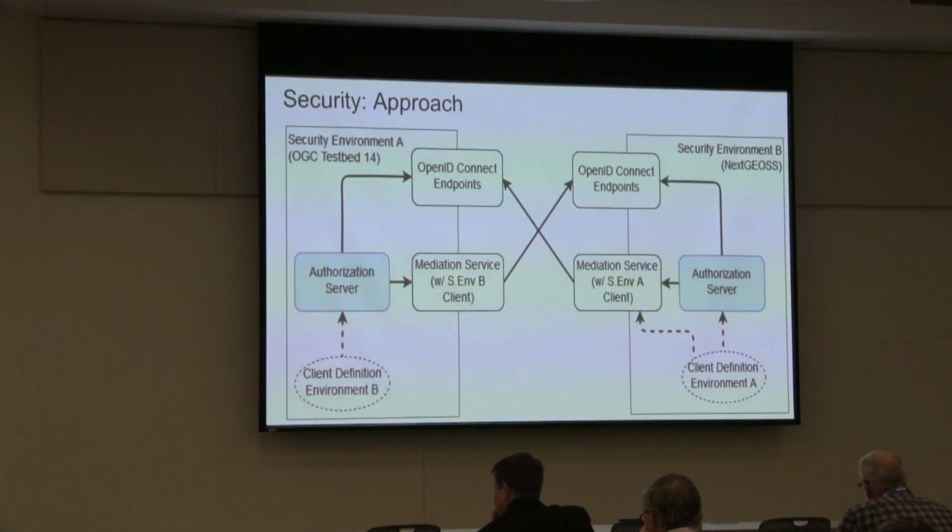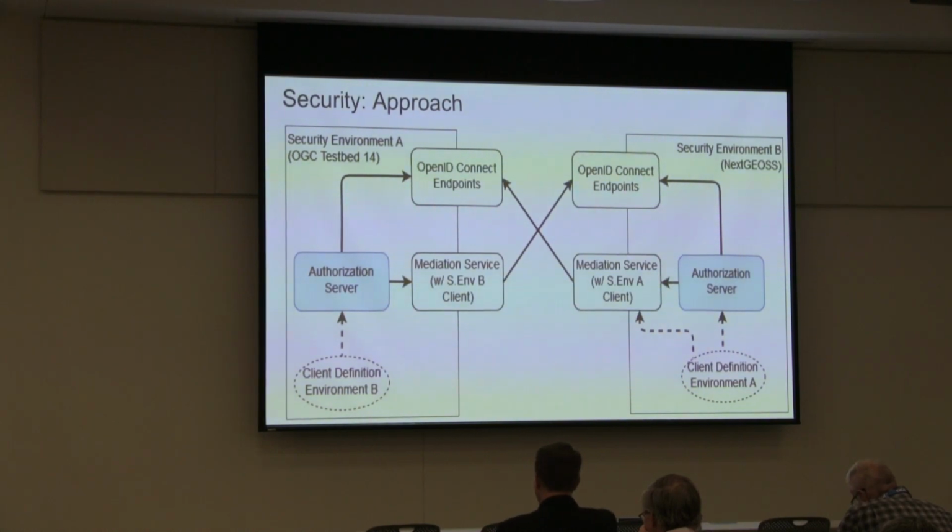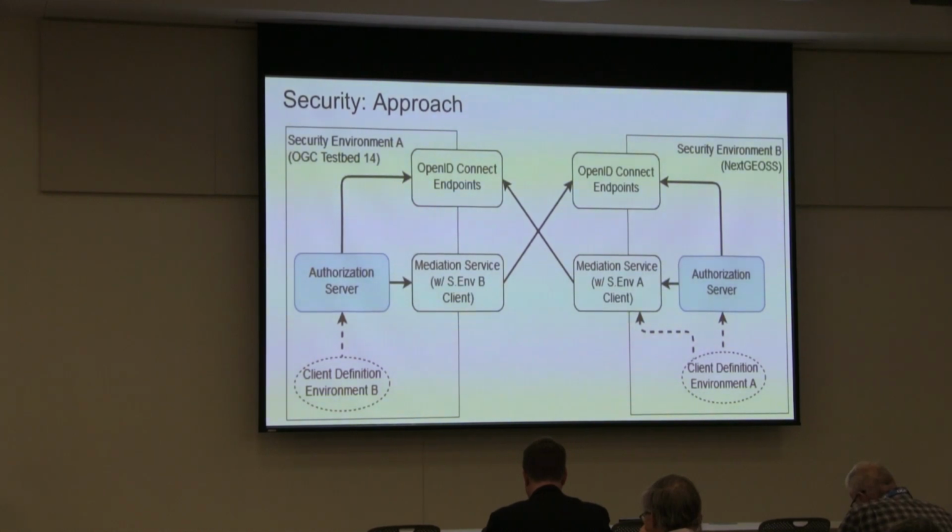So the approach was to take this initial step to complete all the security architecture, especially if we want to include them in special infrastructures. So a more general architecture than what was done before. It describes and hopefully provides a solution that can be used, covering all the details about workflow and federated cloud concerns, right? Where do you need the authorization servers? Where do you need the OpenID Connect endpoints?